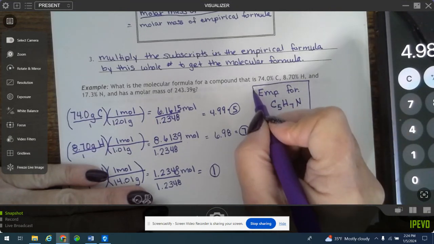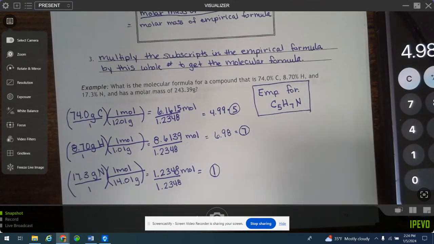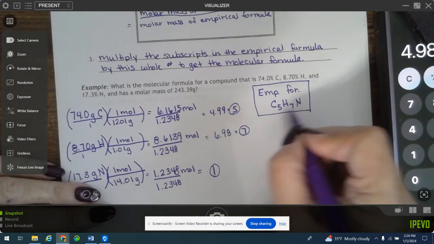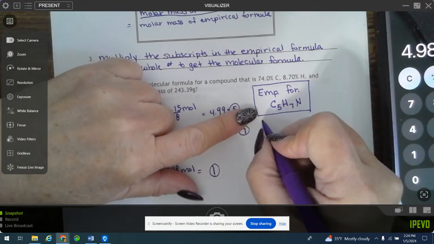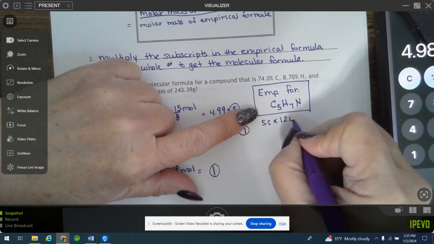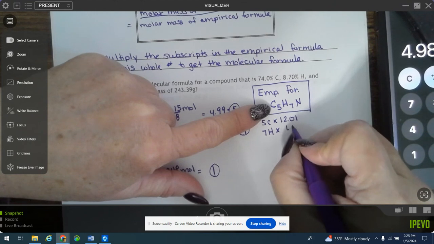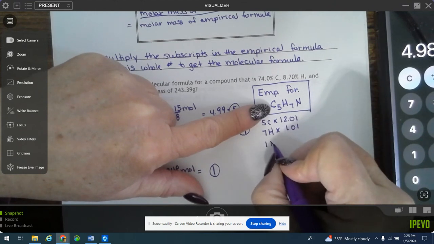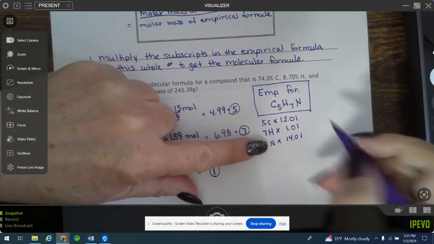So that we've done before. Now, to figure out the molecular formula, we have to do 2 things. First thing we have to do is calculate the molar mass of our empirical formula. 5 carbon is 12.01, 7 hydrogen is 1.01, 1 nitrogen is 14.01. We're going to add these all up.